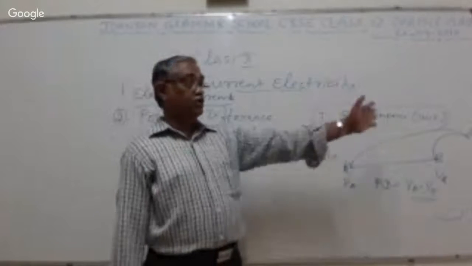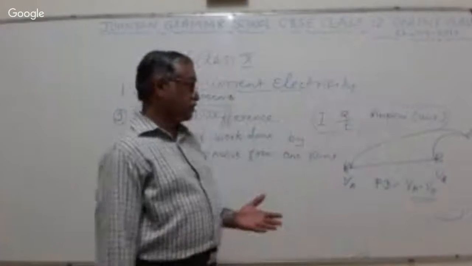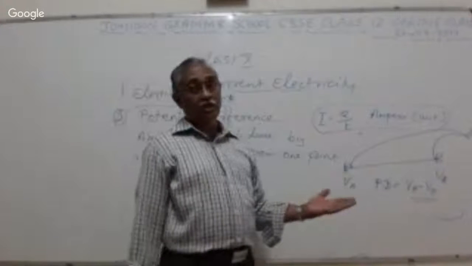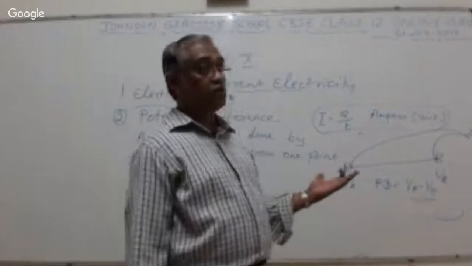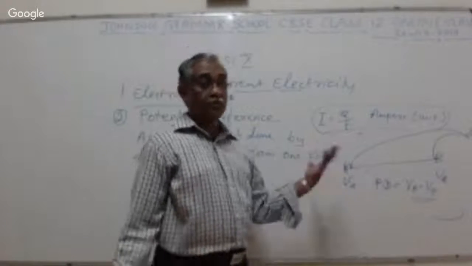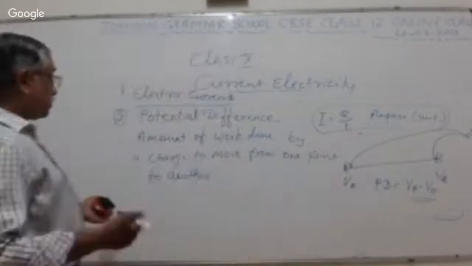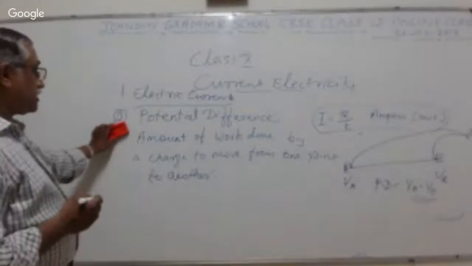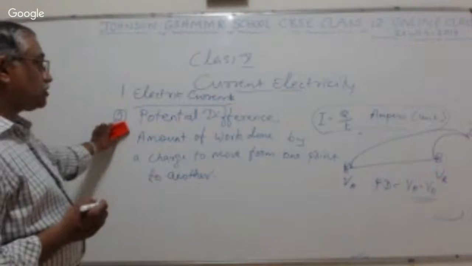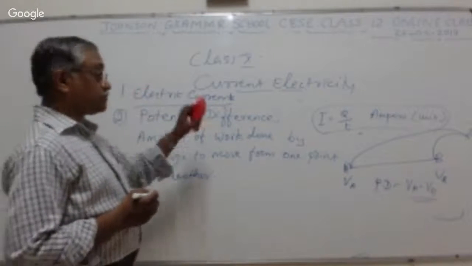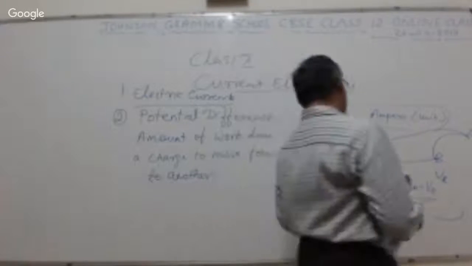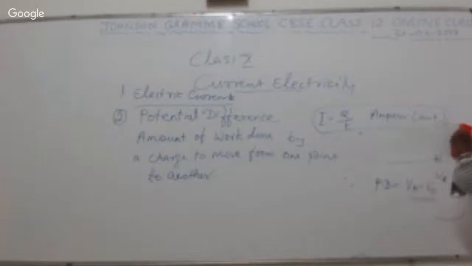From A to B, there is a potential difference. If A and B are at the same potential, no work is to be done to move the charge from A to B, so there is no potential difference. So potential difference is the amount of work done to move a unit positive charge from one point to another point through a given conductor.